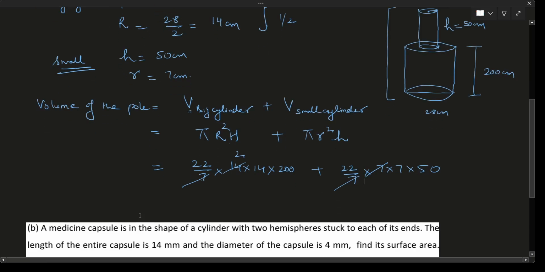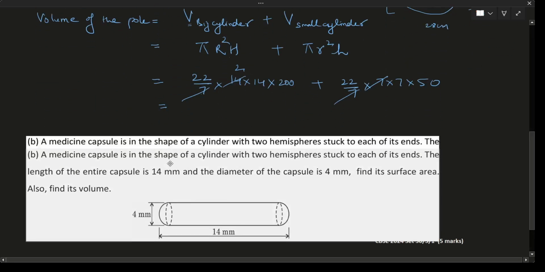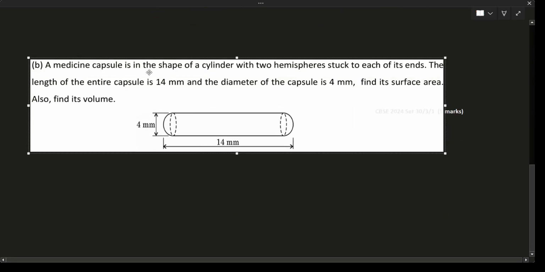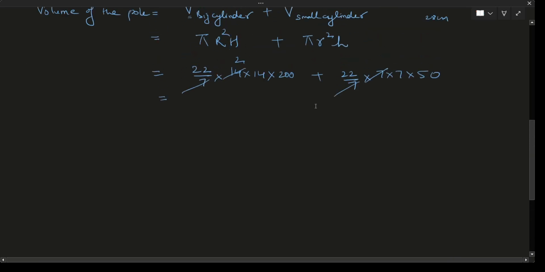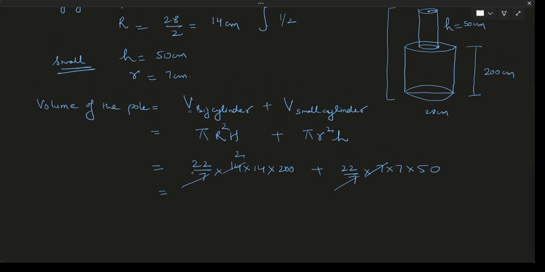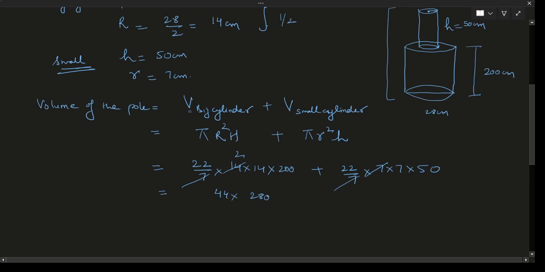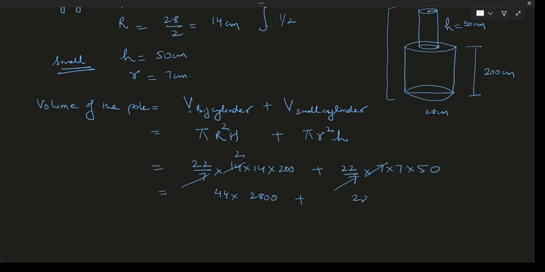So what will you get after multiplying? Let me just keep this question down. So when I multiply, what will I get? 44 into 2800 plus this will be 22 into 350. So when you multiply 44 and 28, what will you get?